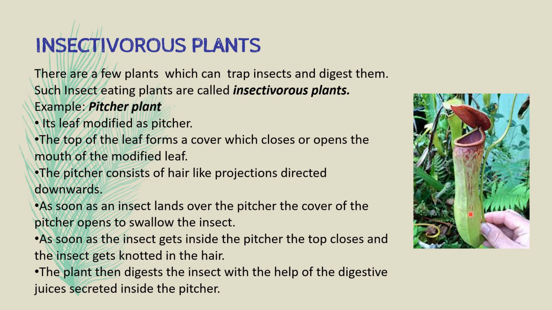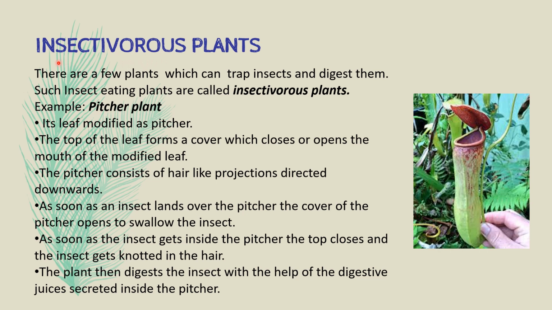So here in this pitcher plant, some digestive juices are there. With the help of those juices, they digest that insect. So that is the nutrition method of this pitcher plant. This plant is one example of an insectivorous plant.